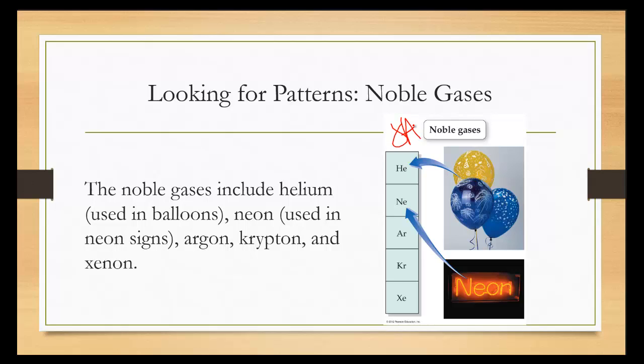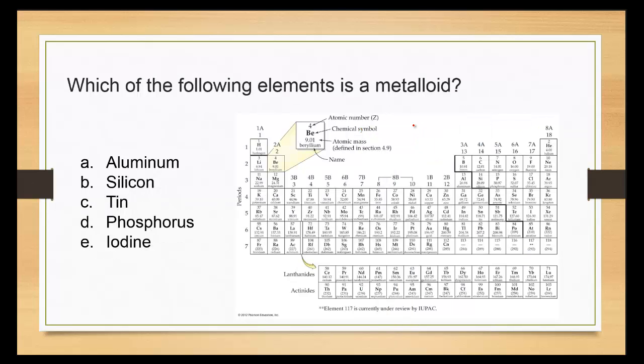They're the last row on the periodic table, and they're pretty much inert. There are some exceptions, but they do not react nearly as much as the other ones. And that's what the other atoms want to gain and lose electrons to be like, because they want to be inert as well. So, let's do some practice problems with these.